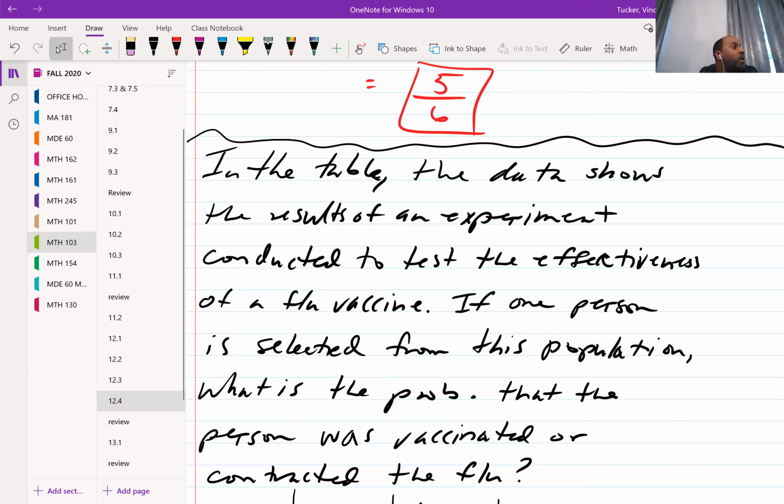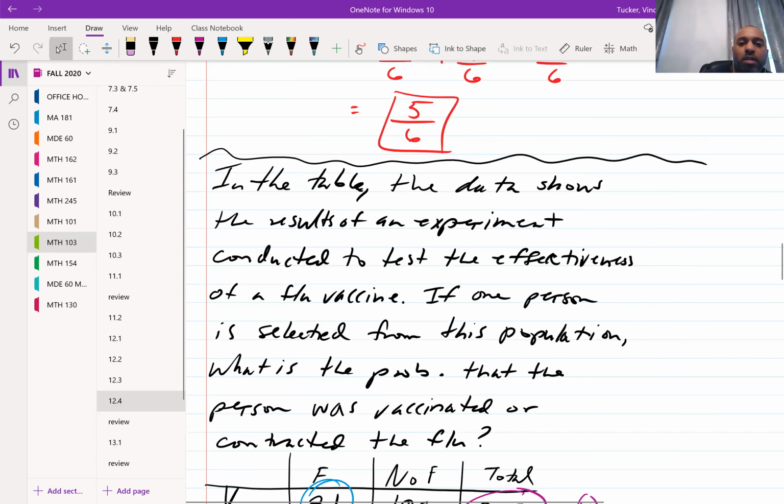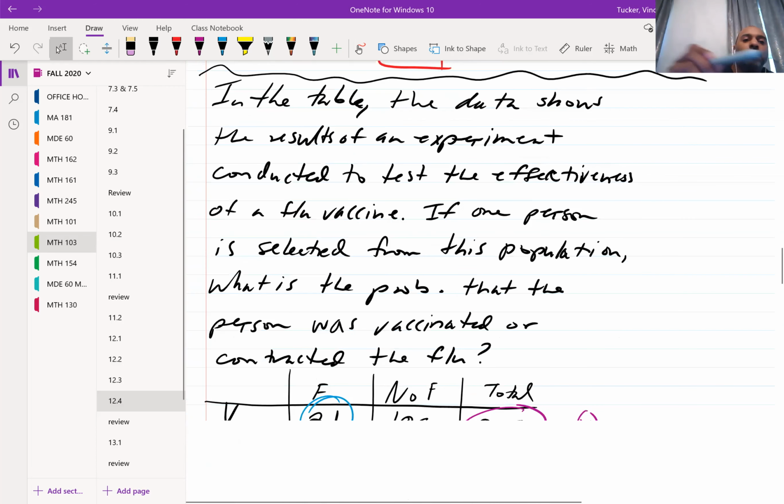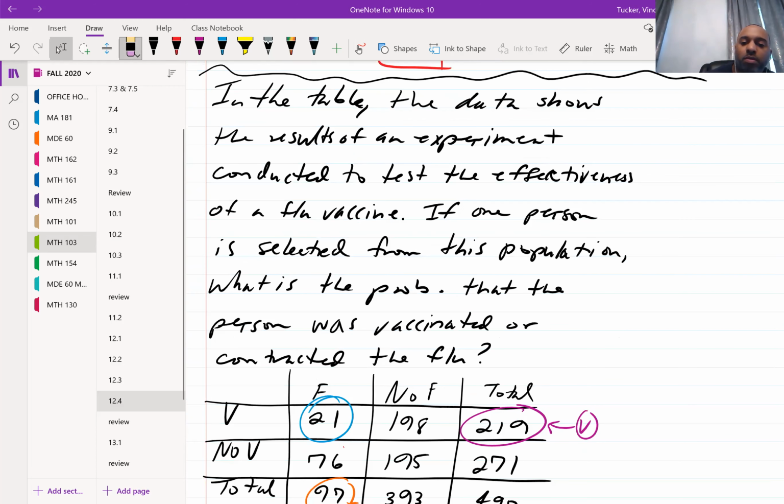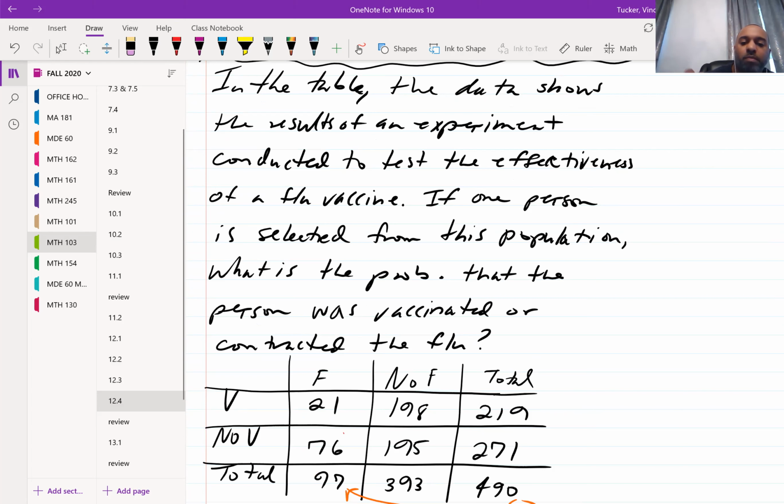So I'll give you a chance to write that, and I'll scroll up. All right, so there goes the chart. V represents vaccinated. F represents contracted the flu. That's down there as well, but I'll give you a chance to write the wording.